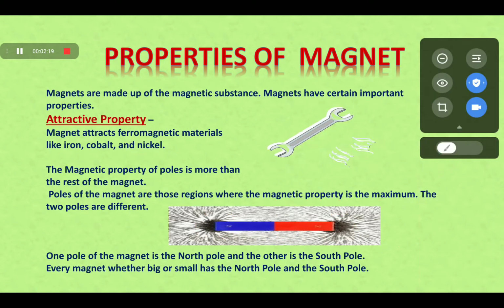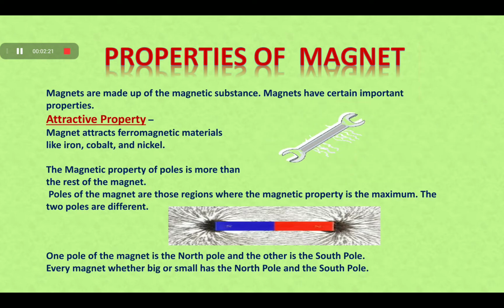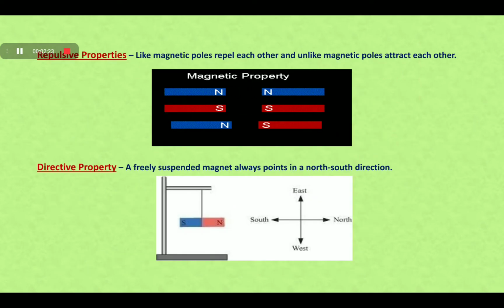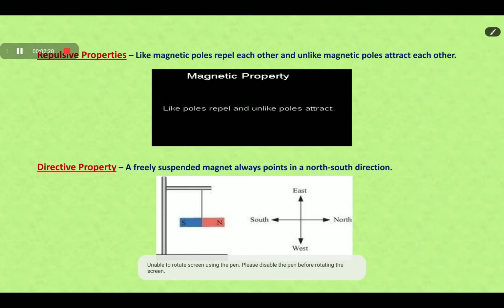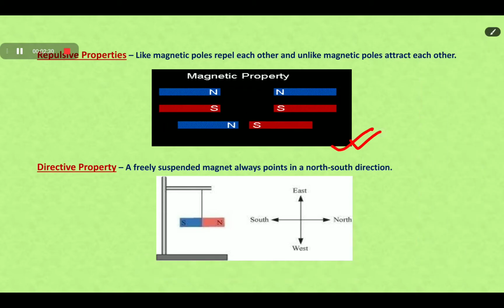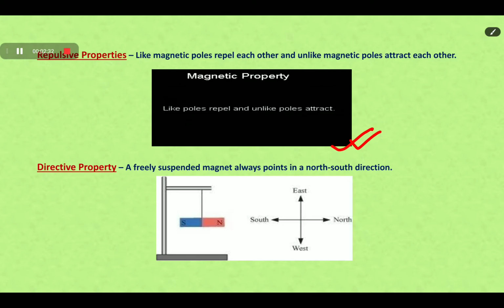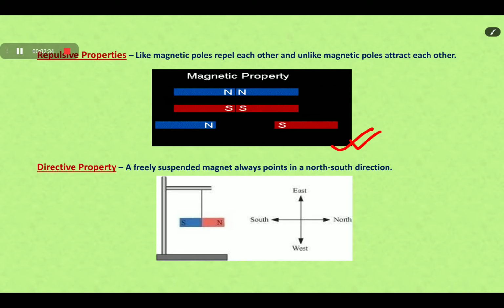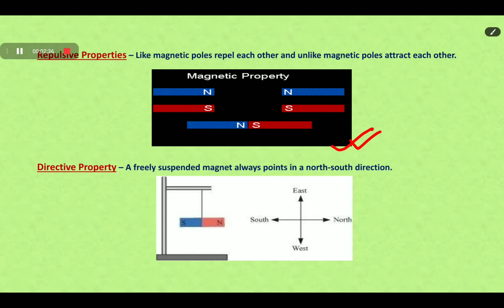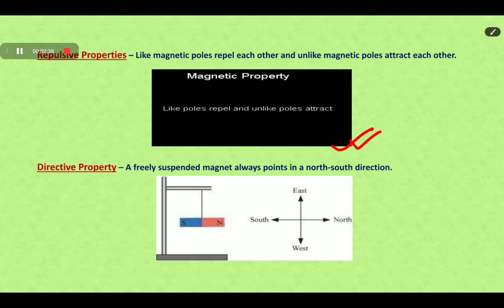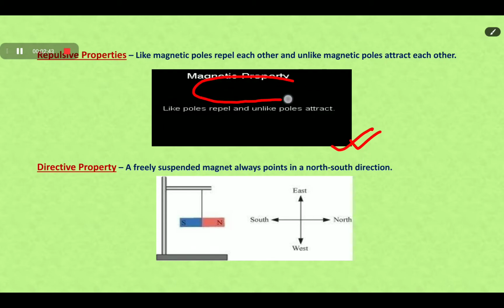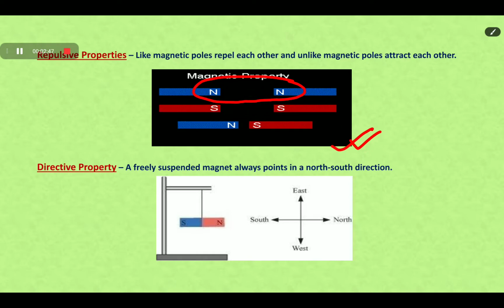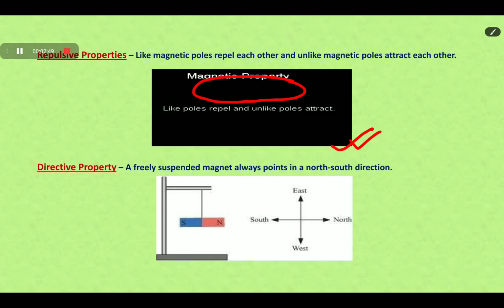Now, in the next slide, the repulsive property. As you can see in the image, like magnetic poles repel each other. When we bring the north pole of one magnet close to the north pole of another magnet, they repel each other.